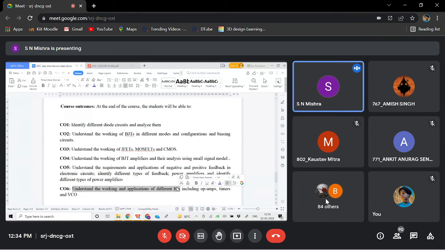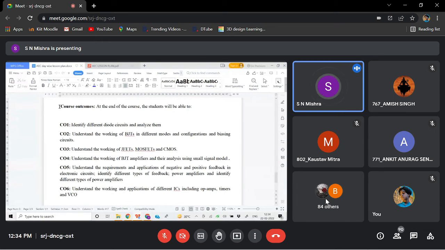If you see the IC, some numbering is there, and from that number you can understand what purpose the IC serves and which action it is used for. So these different ICs include the op-amp, operational amplifier I told you, the 555 timer, and VCO. All these things we'll understand in CO6.